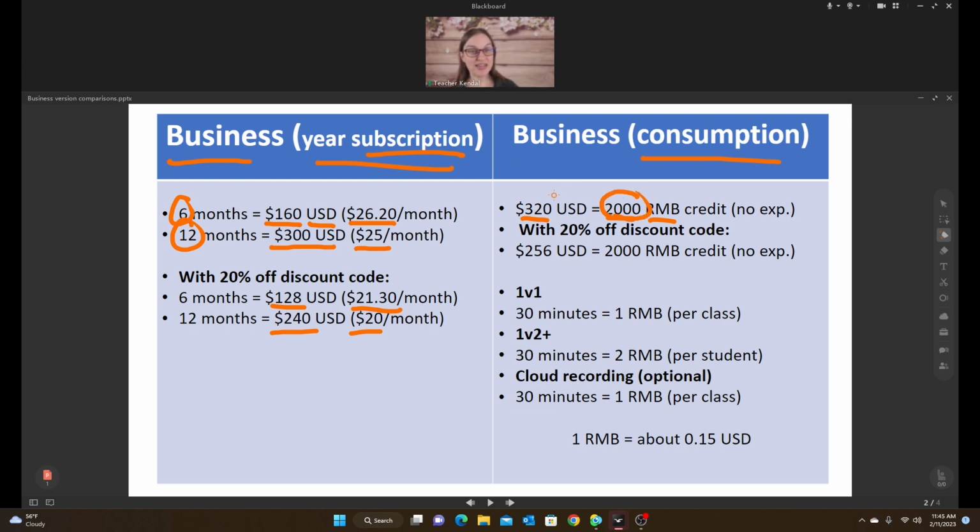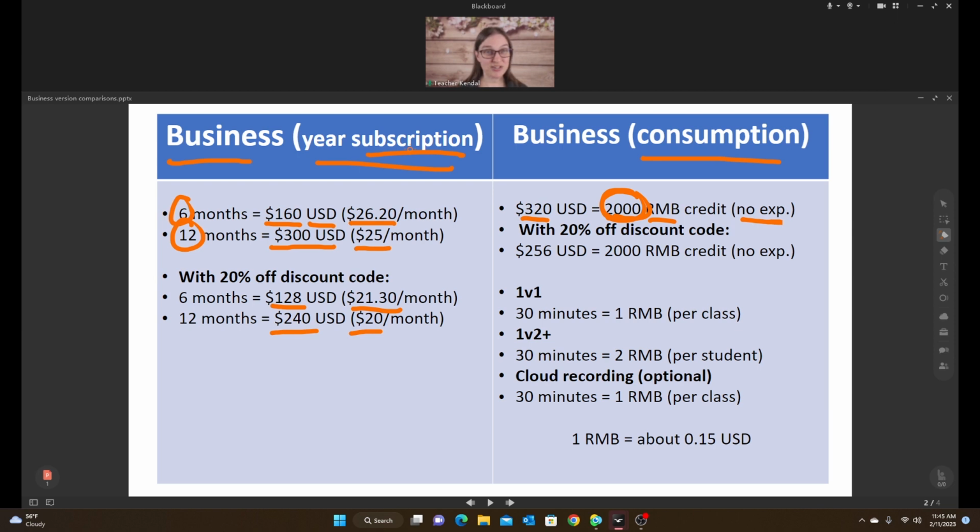So once you pay that $320 into your ClassIn lunch account, you will have a credit of 2,000 RMB. There is no expiration. So it's not like the yearly plan where you pay, you get it for a year and it's done. With the consumption, as you continue to teach, eat your lunch, pay your bills, after you get to zero, then you have to pay again.